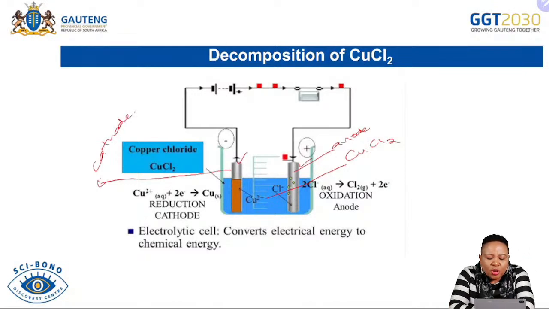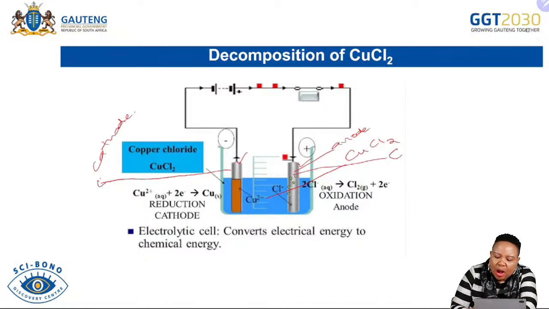Both our electrodes are inert, meaning that because what you want to separate is the electrolyte, you need not have an active electrode that will produce ions or undergo oxidation in your reaction. So we normally use carbon as our electrode.